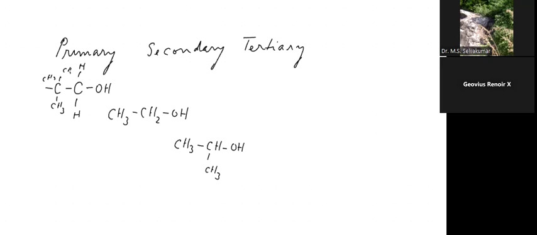This carbon is attached to a hydrogen and 2 carbons and OH group, so 4 valencies are satisfied. This carbon is attached to 3 hydrogen atoms and 1 carbon, so the valencies are satisfied. Now look at this carbon. This is the carbon which is containing the functional group.